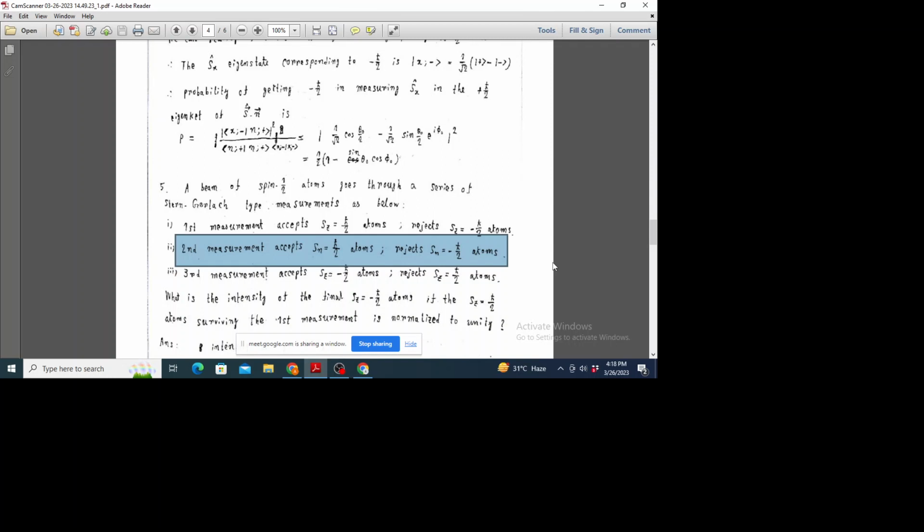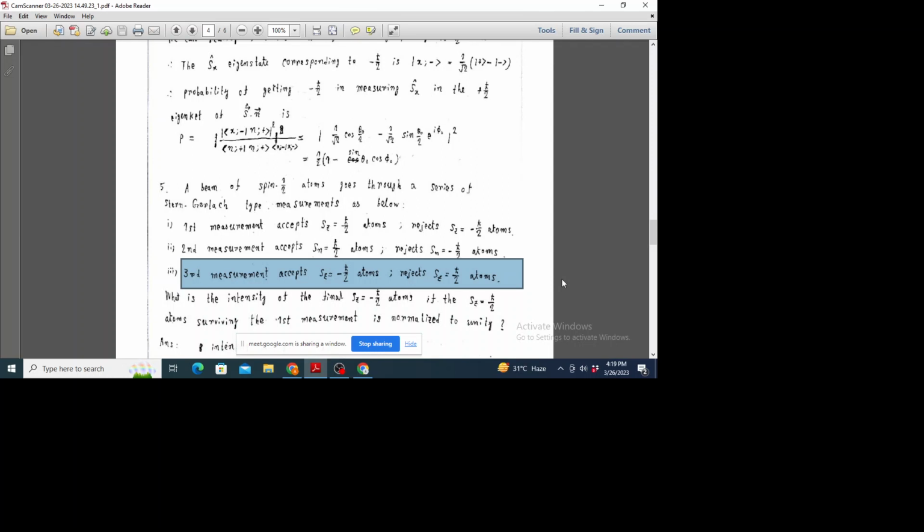So Sn is our previous operator, the rotation along n direction. Sn is nothing but s dot n, that operator. And then the third measurement accepts Sz equal to minus h cut by 2 atoms and rejects Sz equal to h cut by 2 atoms.